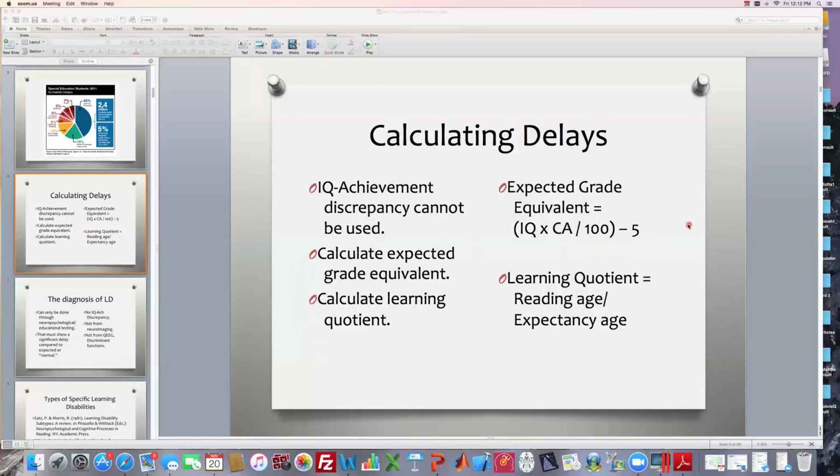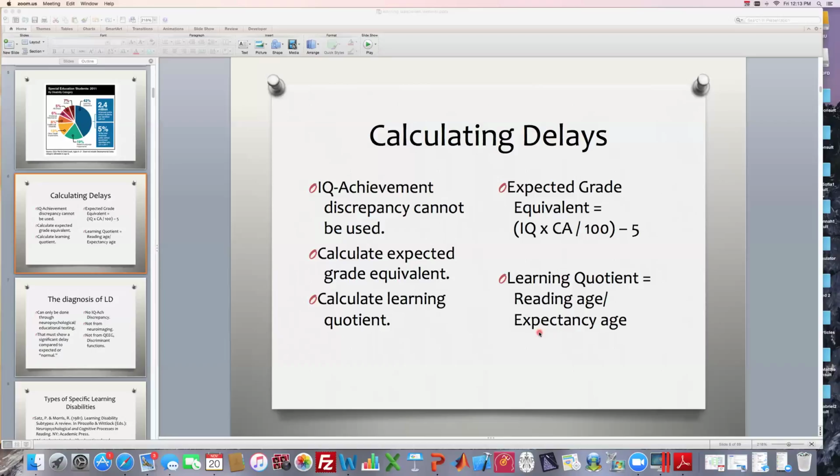And then we get an expected grade equivalent. Most expected grade equivalents are similar to their actual age. So if they're 9 or 9.2 years when they take that test, we expect them to function at that level on their achievement and learning scores, but not necessarily, depending on their IQ score, as is indicated in this calculation. We then develop what's called a learning quotient, which is their expectancy, their actual age versus expectancy.